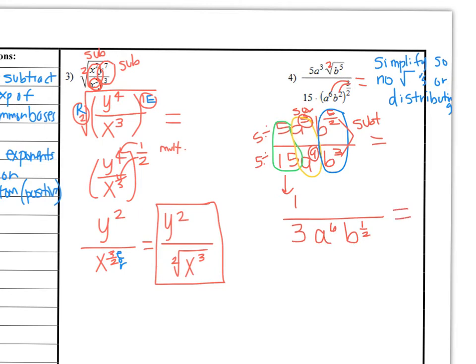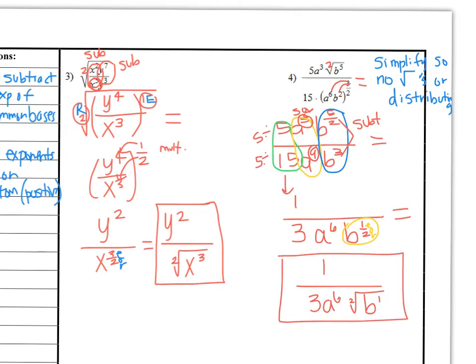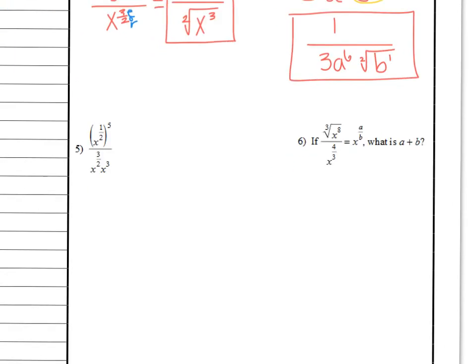Okay, and then we want to rewrite this using e over r, and keep our 1 on the top there, so it's going to be 1 over 3 a to the 6th, and then in our root again, it's going to be b to the 1st power and our root of 2. Okay, so that is fully simplified, and let's keep moving here.